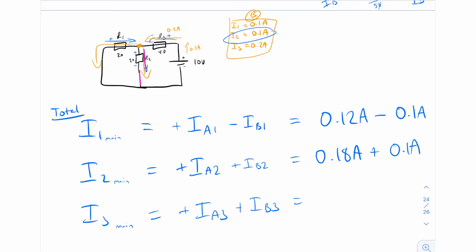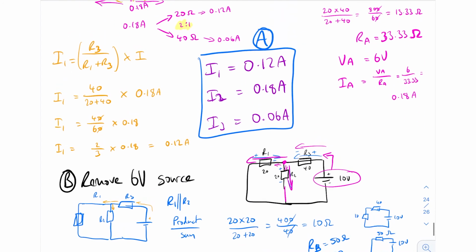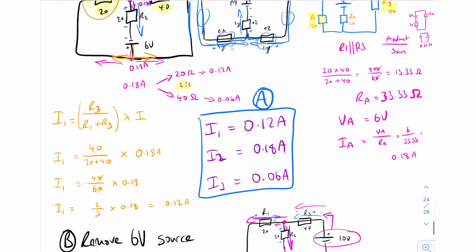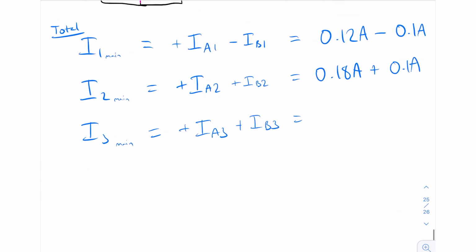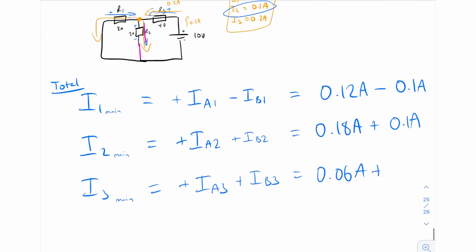And then we've got IA3, 0.06 amps. Did I say 0.016? 0.06 amps. And then plus IB3, which is 0.2 amps.